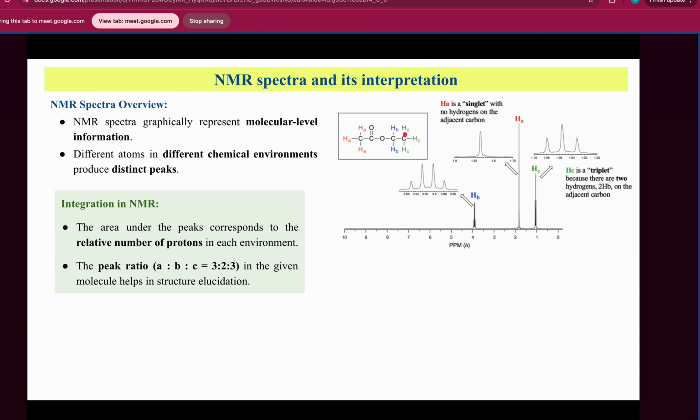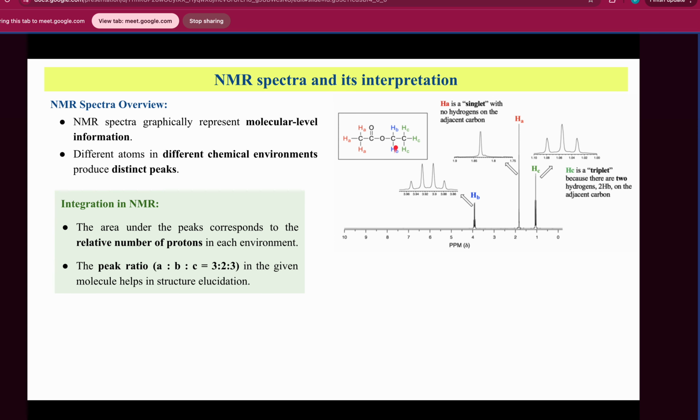Each hydrogen on this particular carbon, Hc, has a similar chemical environment. This carbon is attached to a CH2 and then to this functional group. Each of these hydrogens has similar neighbors, so all these hydrogens are similar to each other and form one single unique hydrogen peak.